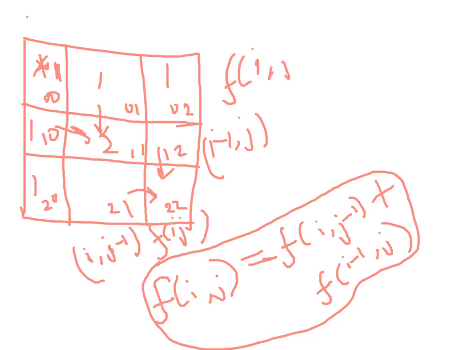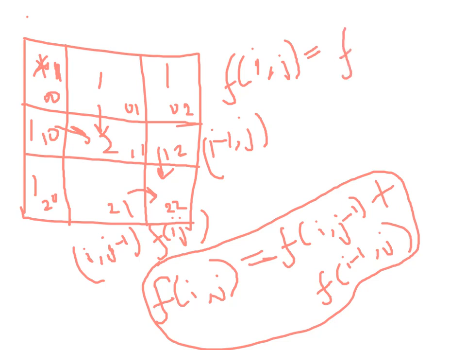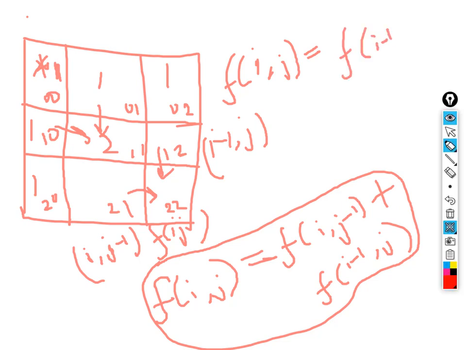So f of i comma j is nothing but f of i minus 1 comma j, where i minus 1 would be this one, or again the same thing, f of i comma j minus 1.